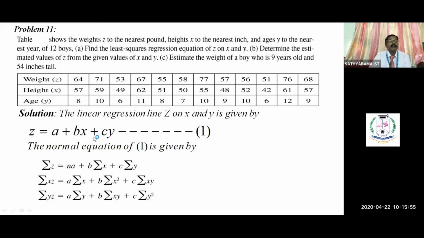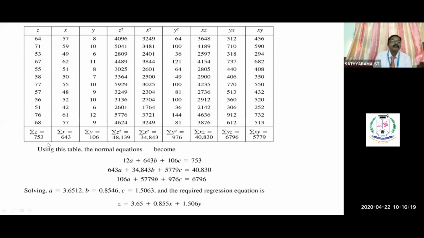You have to find all the values from the table so that you can find the normal equation. So these are the data. We have calculated all the values: sigma Z, sigma X, sigma Y, sigma Z square, sigma X square, and we substitute into the normal equations.